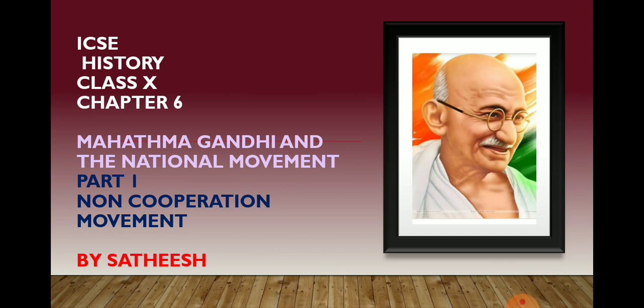Today we are starting the sixth chapter of history topic, that is Mahatma Gandhi and the national movement. The period between 1915 to 1947 is known as the mass phase of the Indian freedom struggle.